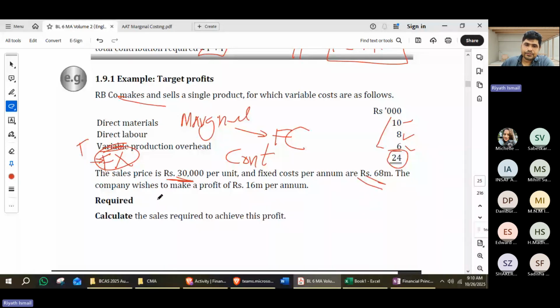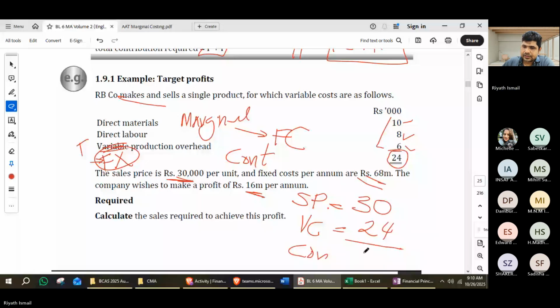The company wishes to make a profit of 16 million. From this data, the selling price per unit is 30,000, the variable cost equals 24,000, and the contribution equals 6,000.